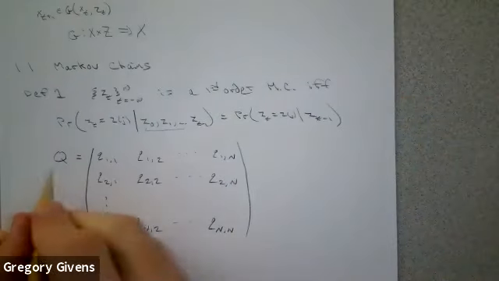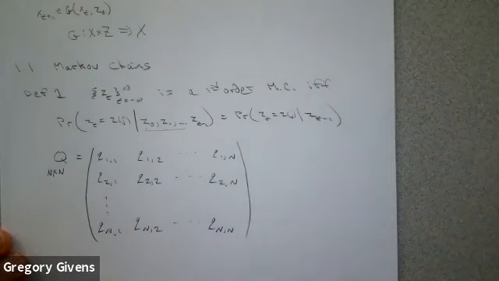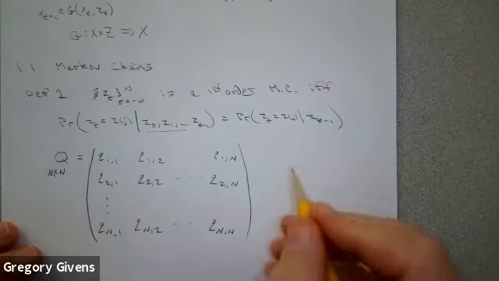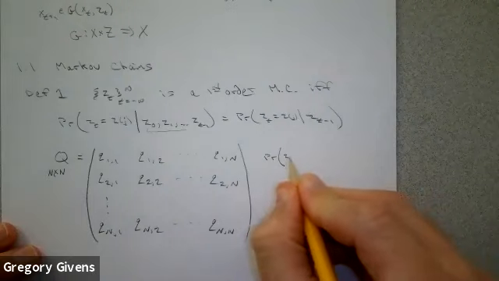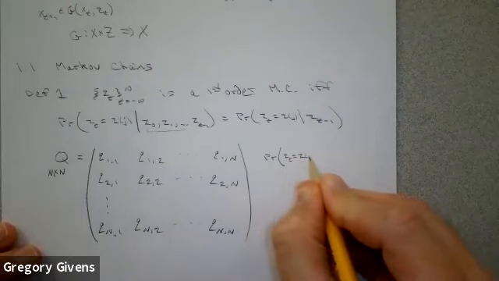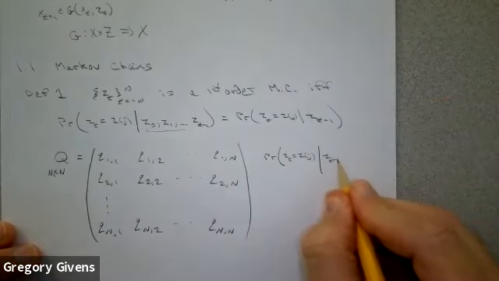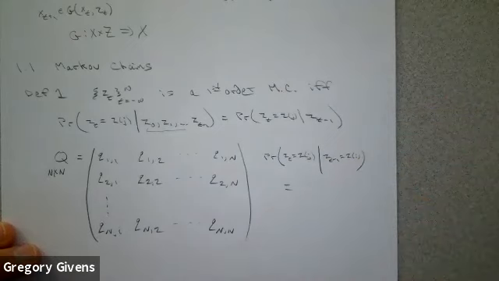This is an N by N transition matrix where each element of the matrix, again, shows the probability of transitioning from state i to state j. So for instance, the probability that Z_t is equal to z_j conditional on Z_{t-1} being equal to z_i can simply be written as little q_{i,j}, right?